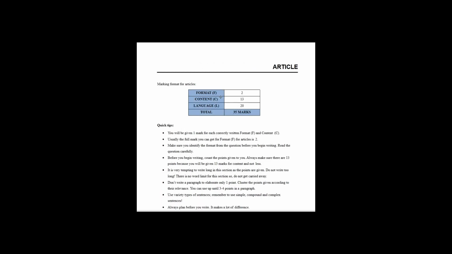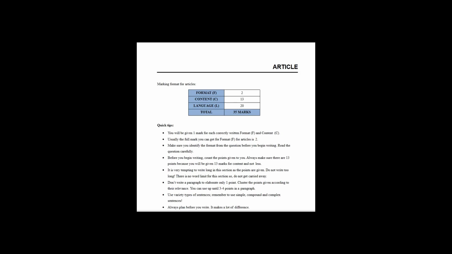So what are the criteria for marking language? Just now I already told you about F, which is format. Let's look back here. F, the content, is already explained to you. The content is 13 marks, and the language is 20 marks.